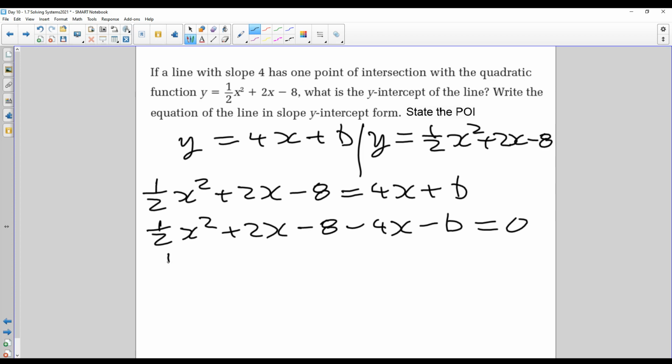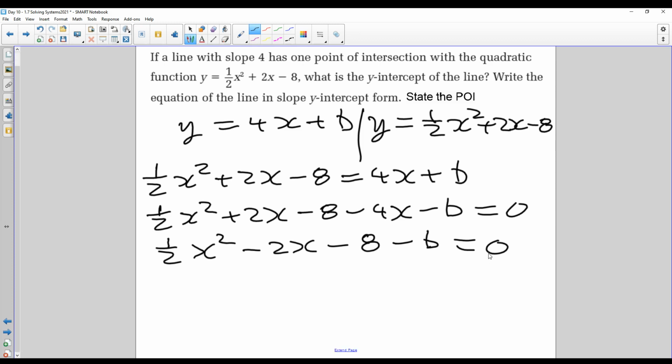So a half x squared, let's see now, that would be minus 2x, minus 8 minus b equals 0. Nothing different from what we did before. Now, what do you think I'm probably going to recommend at this point? If you think back to a homework question that somebody asked me about at the beginning of the class, what do you think I'm going to recommend right now? Yes.